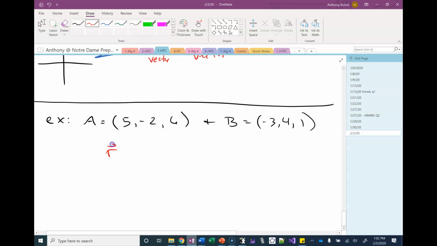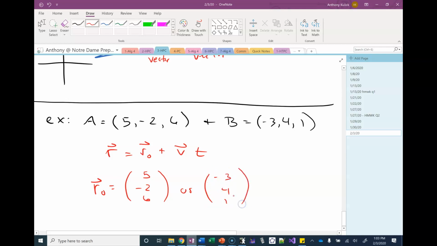So to write this equation for a line, I need to write r is equal to r0 plus vt. r is a point vector. There's 2 obvious choices for vector r0. What are those 2 obvious choices? Well, there's vector A or there's vector B.